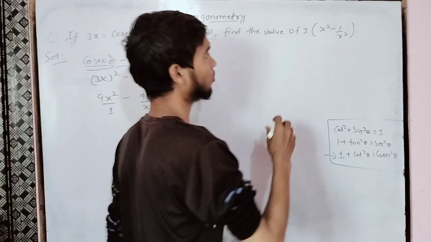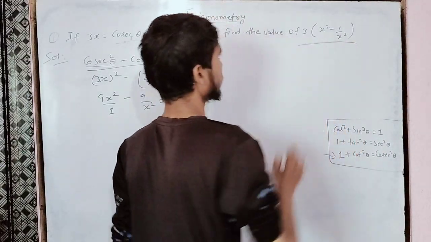Clear? Here what is happening, 9 is common, here 9 is common. Okay, 9 is common, and we have to bring this much.